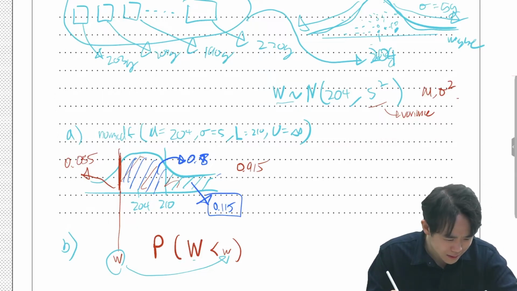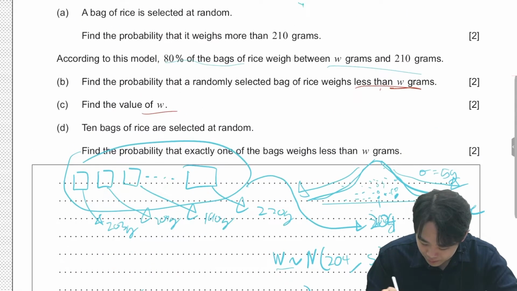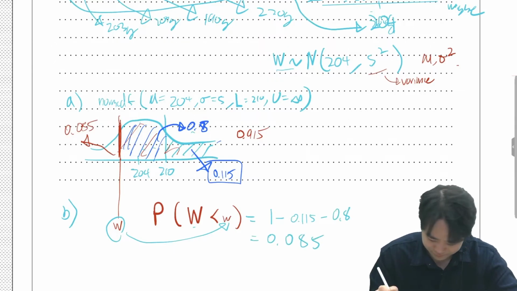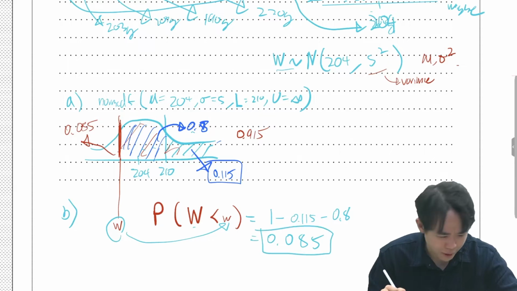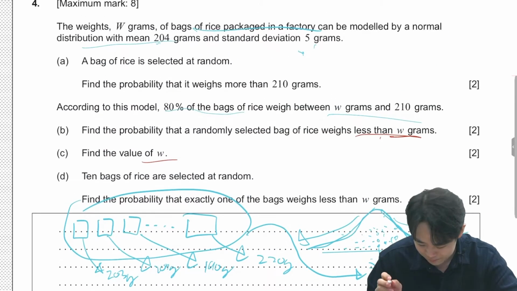So this is going to equal 1 minus, we have the area 0.115, and then we have the area 0.8. So that's going to be 0.085. So the probability that our bag is under this weight is 0.085.